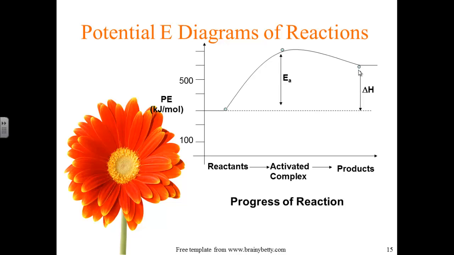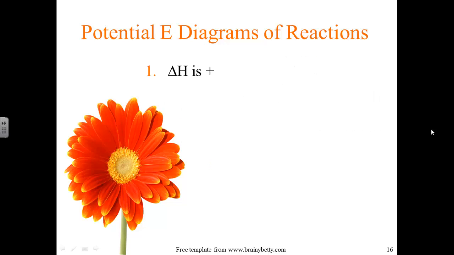Products were at 600, our baseline was at 300, so delta H is 300, final minus initial. It's positive this time for an endothermic reaction. Delta H is positive. This is partly because this is the opposite of the exothermic reaction, but it should make sense because positive means energy in.